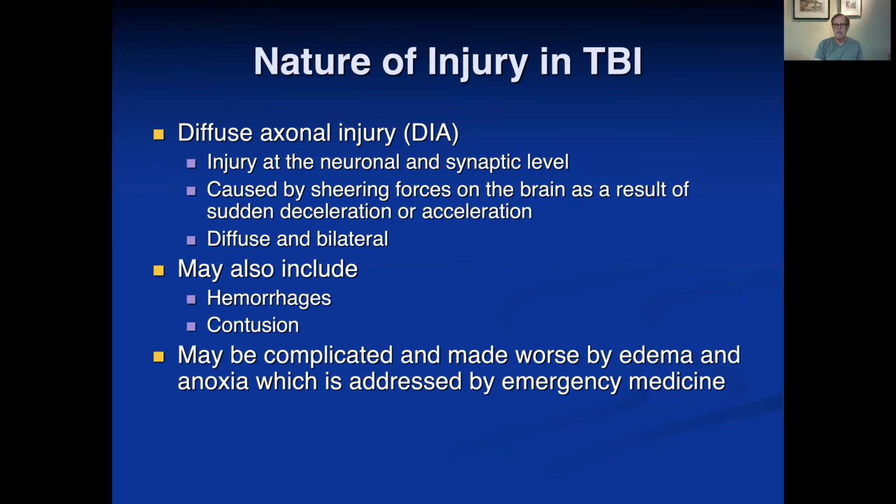Those are both complications that are addressed in emergency medicine and must be addressed immediately to try to prevent additional damage due to those two factors. The effective management of that is one of the reasons why rehab in the last 20 to 30 years has expanded so significantly, because so many more people who would not have survived the initial injury do survive and then go to rehab.